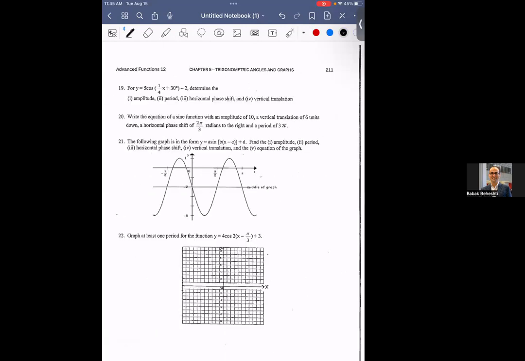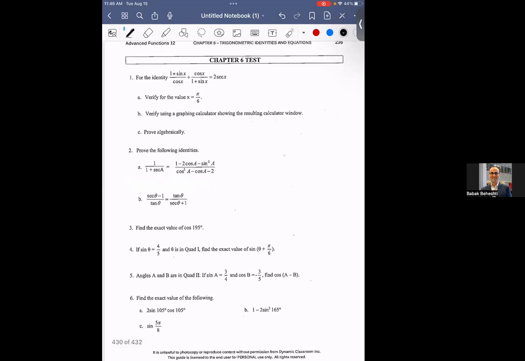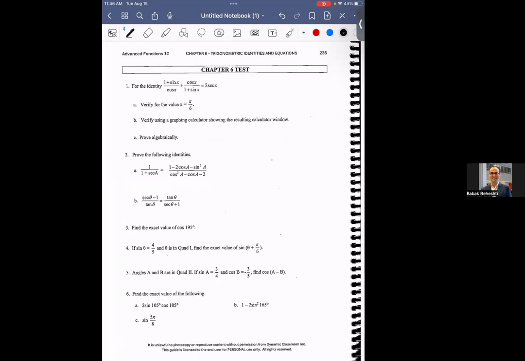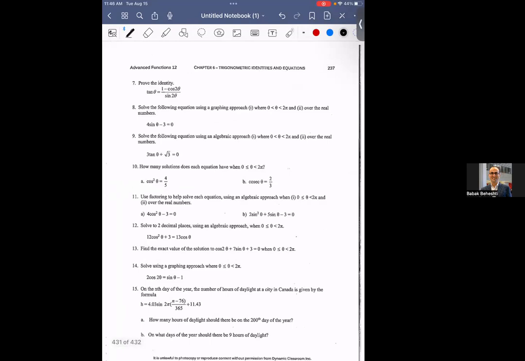So it's enough if you do until question 22, but on this page there are good questions, especially for the identities. It's good practice if you do, for example, question 2 or even question 1. These are good practice for proving identities.